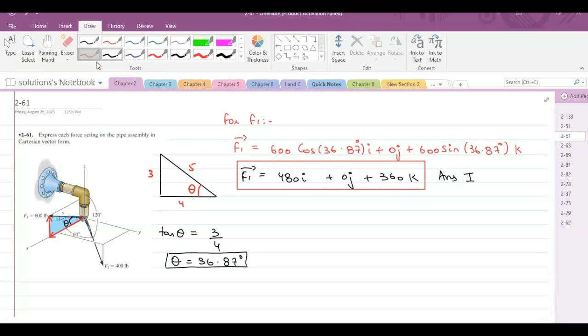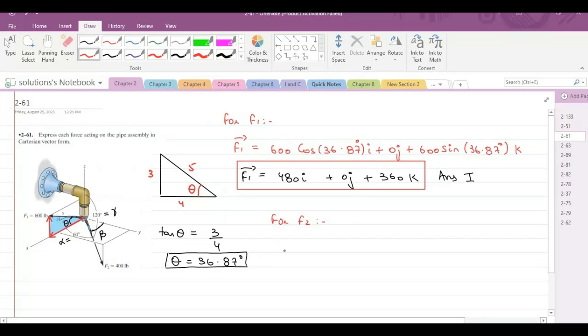Now we have to do the working for the F2 force. For the F2 force, we have been given the coordinate direction angles. This is the angle alpha. This is the angle gamma. And we have another angle between the tail of the F2 force and the y-axis, basically this angle, and this would be beta.